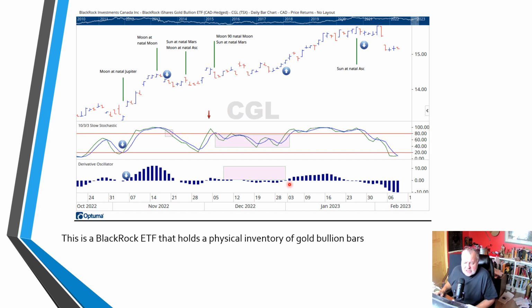I want those bars to get above 0. And if all of those come into alignment, yes, then I've generally got an entry point. And if I see a cosmic event, and if I see the stochastic cross back underneath the upper bound, and if I see the histogram bars turn negative, that's my sign to get out of the way.